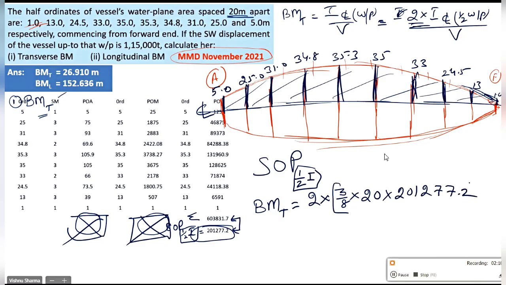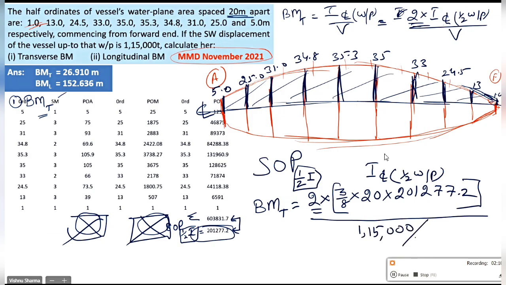This is ICL of half water plane, and we multiply by 2 to make it full, divided by volume of displacement, 1,15,000 divided by 1.025. And this will give you an answer of 26.910 meters.